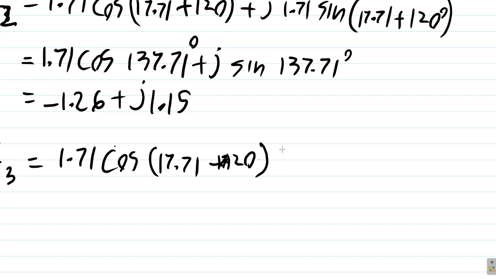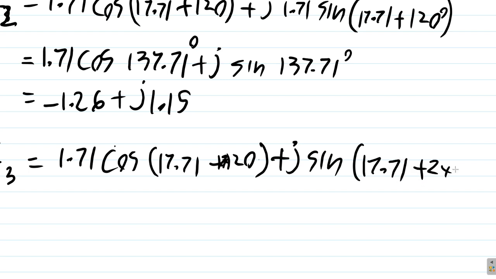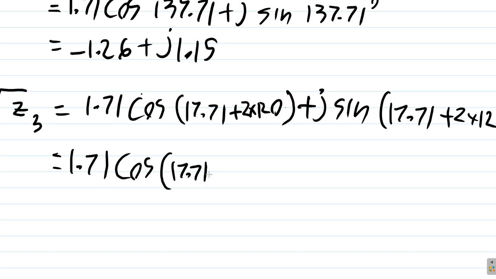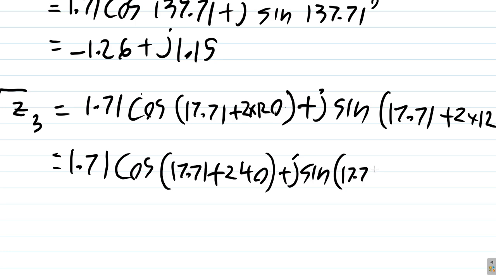So plus j sine 17.71 plus 2 times 120. Let me write this part a little neater, so you can see the 2 times 120. Alright? So this is 1.71 cos 17.71 plus 2 times 120, which is 240, plus j sine 17.71 plus 240.